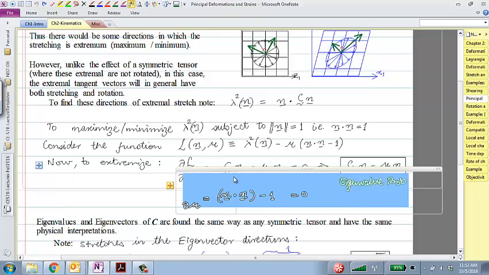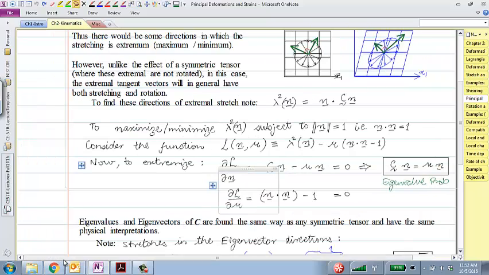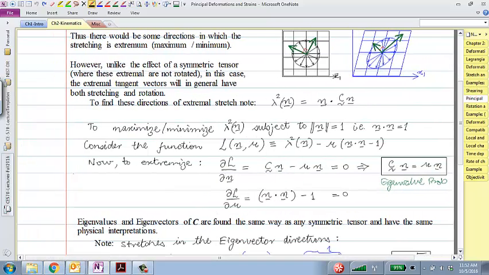So the maximum or minimum would occur at a point in a direction n where the derivative of this modified function L with respect to n goes to 0, and the derivative of that with respect to mu also goes to 0.